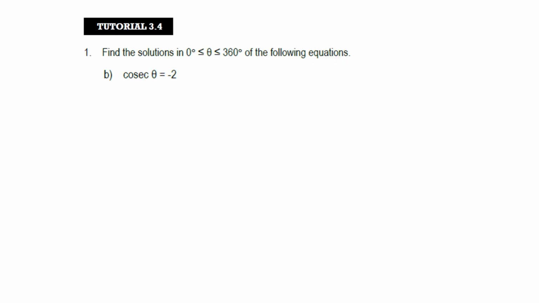Okay, inside this slide, I will show you how to find the solution of this equation. So the most important thing is you remember this cosec theta. Cosec theta, we can simplify it to be CSC theta. Okay, now we get the idea. CSC means 1 over sin theta.